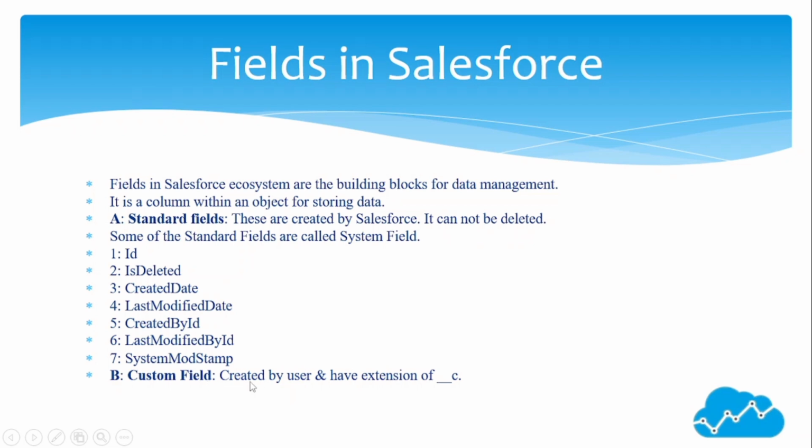The second one is the custom field, created by the user, which has the extension double underscore c. Wherever we see a field with double underscore c, it means that field is a custom field, and that field we, or a developer, had created. If a field is not appended with double underscore c, it means it is a standard field.